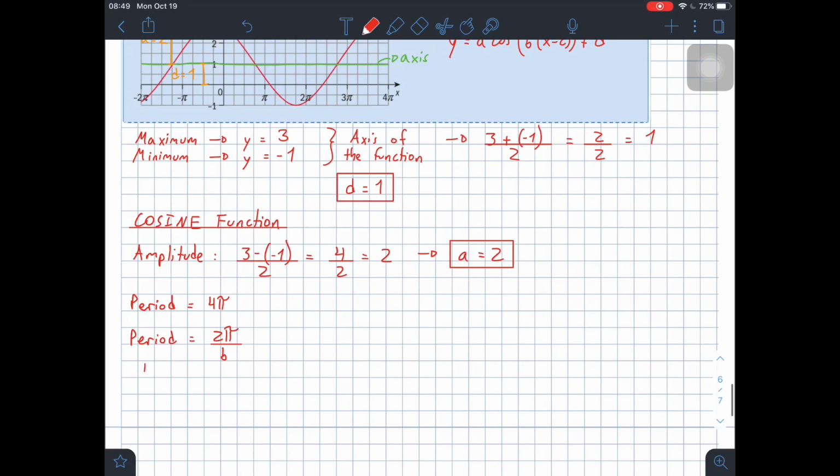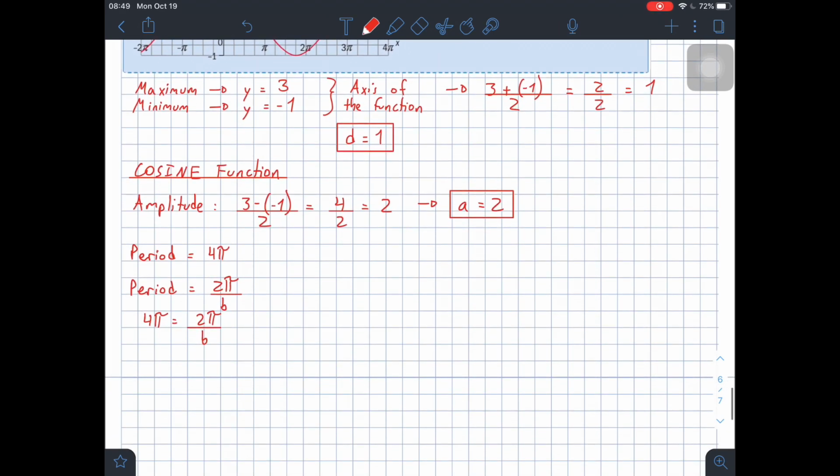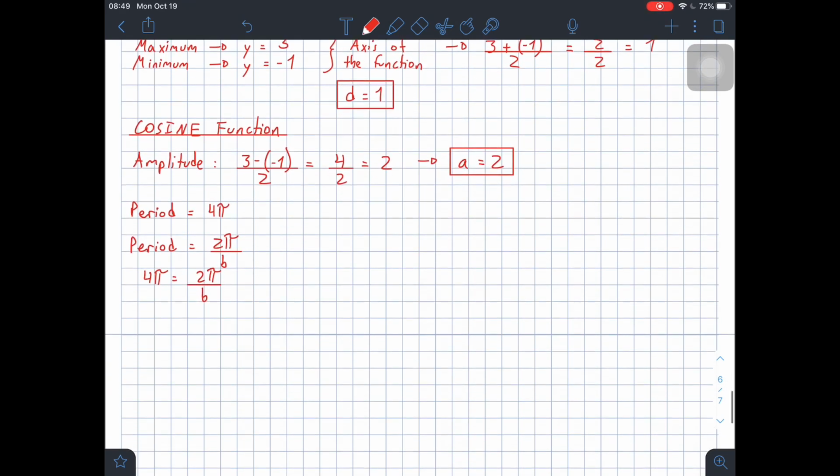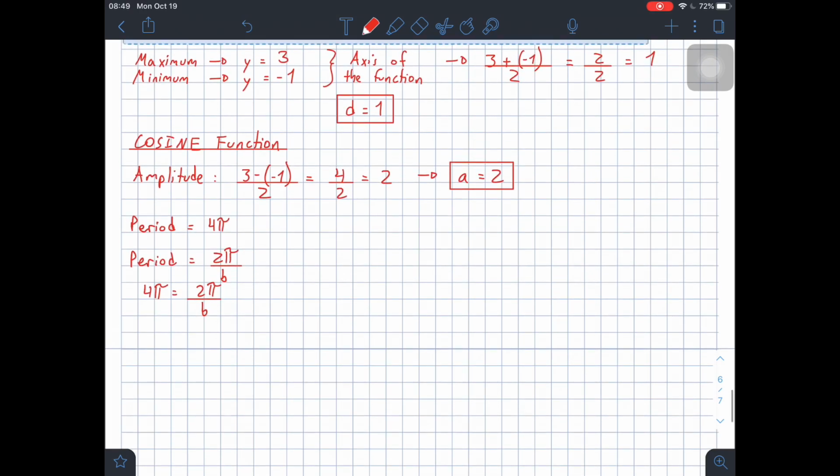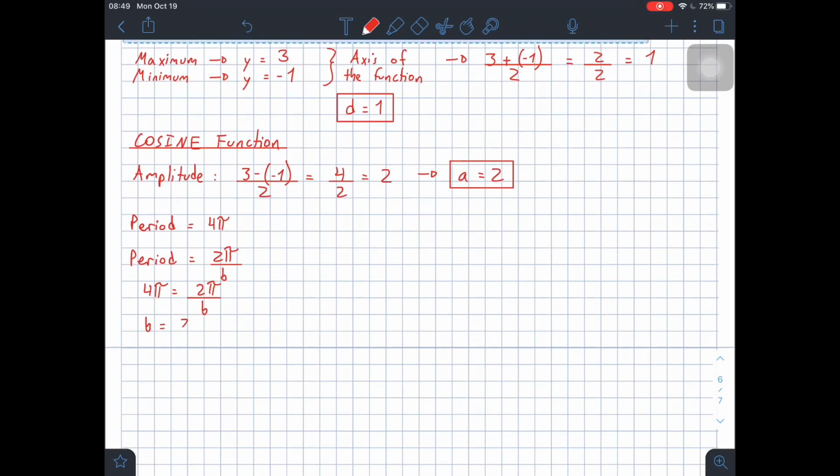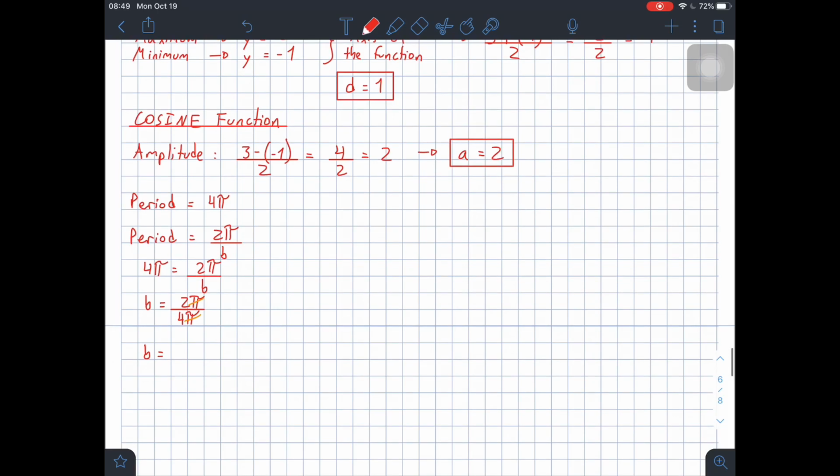So if the period is 4 pi, then we can solve for the value of b. b is equal to 2 pi divided by 4 pi. So the pi's simplify, and 2 divided by 4 is 1/2. So the value of b is equal to 1/2.